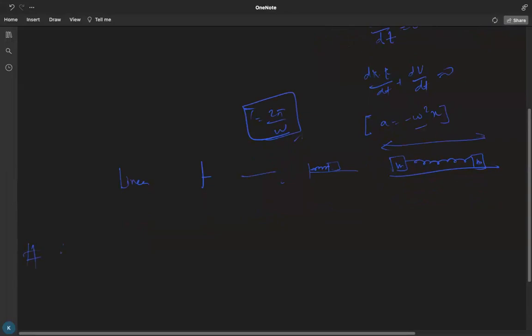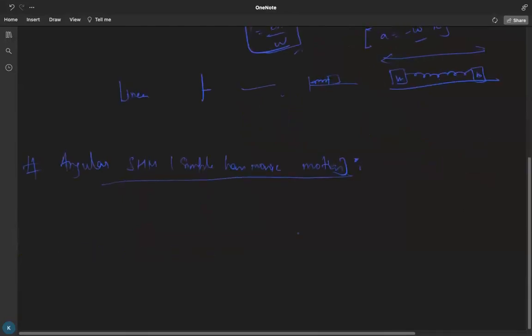Today's topic is angular SHM, angular simple harmonic motion. As we learned in normal simple harmonic motion, the restoring force is equal to minus kx.